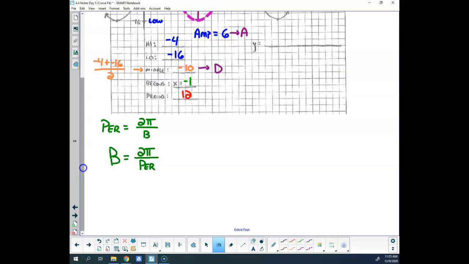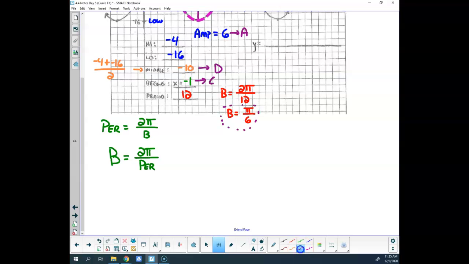So b is equal to 2 pi divided by the period. Back up to here, b would equal 2 pi divided by my period of 12. So b would be equal to pi over 6.